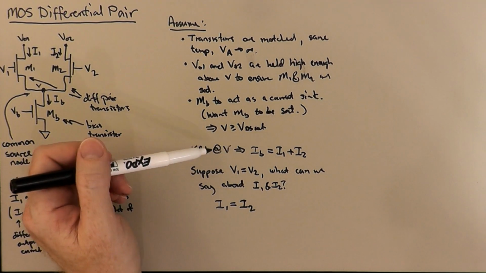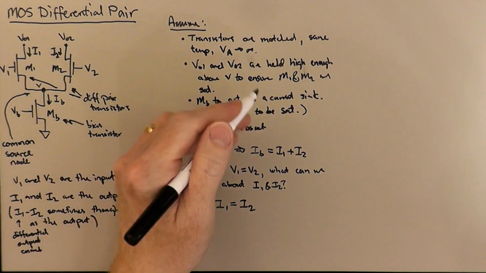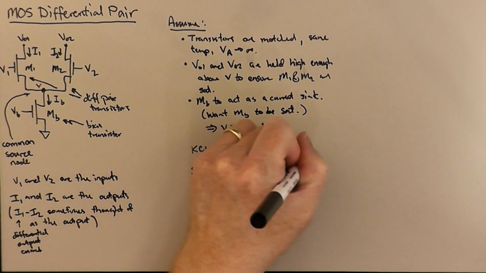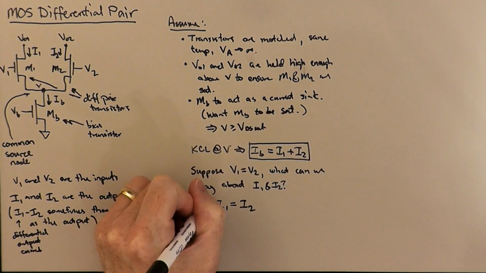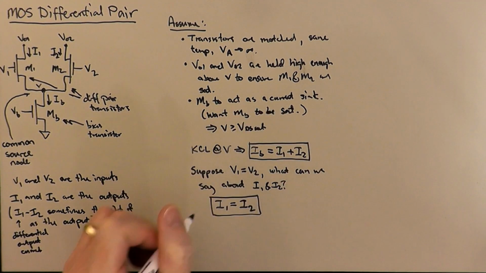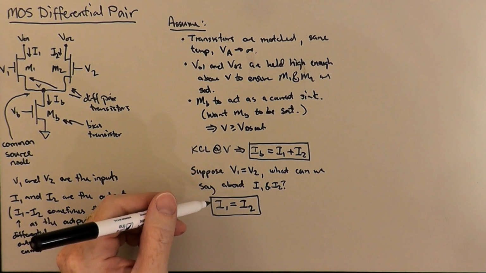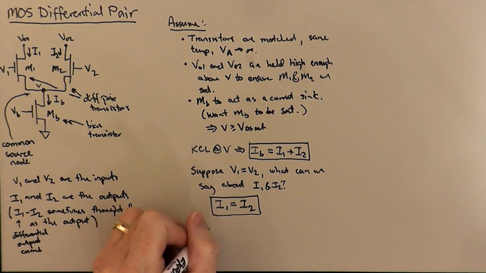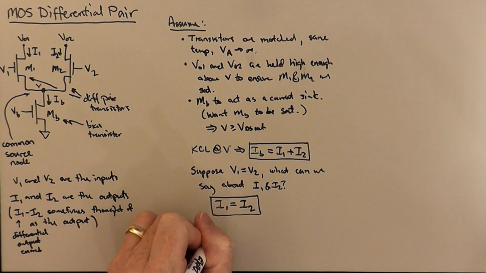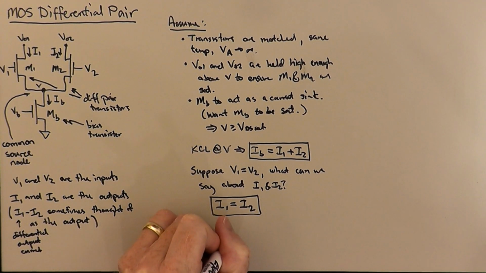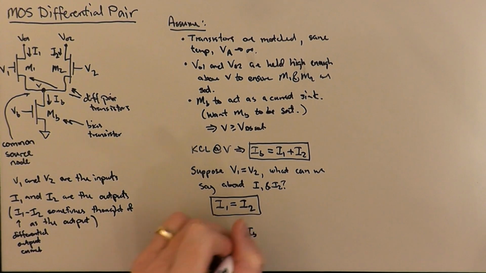Furthermore, because we know KCL, because we know that they sum to IB, we can combine these two things and find that I1 plus I2 is equal to IB.